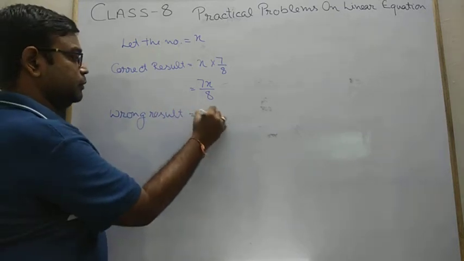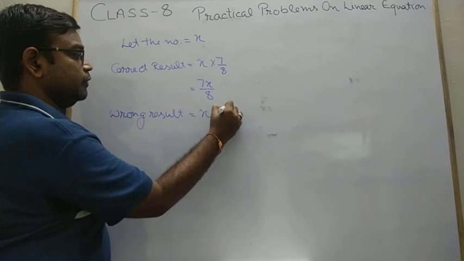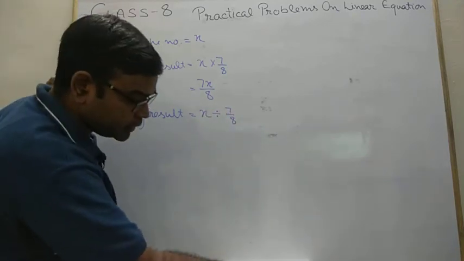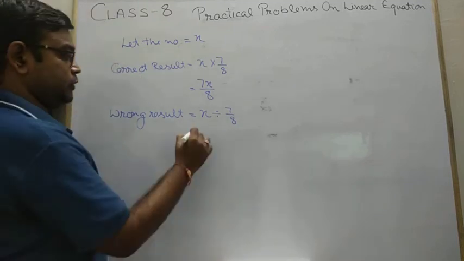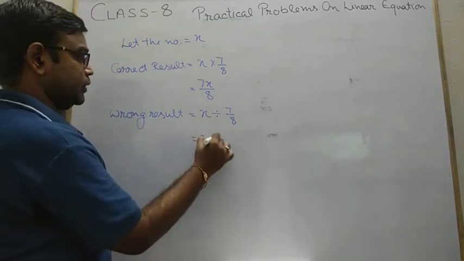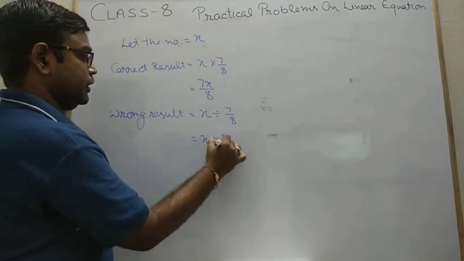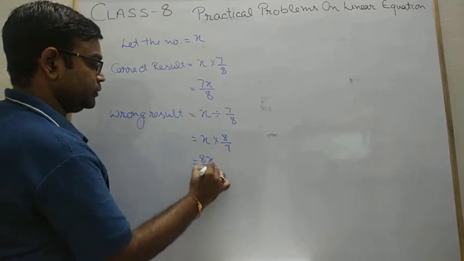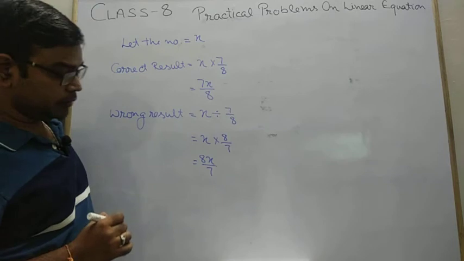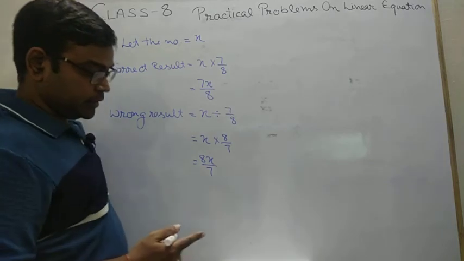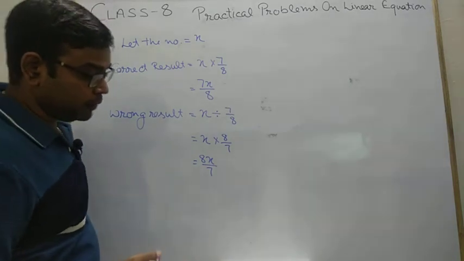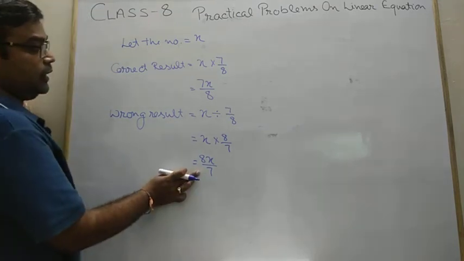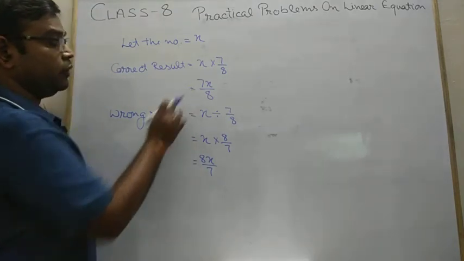Instead of multiplication, she divided the number by 7 upon 8. So what is the result? x into 8 upon 7, which is 8x upon 7. Clear? And then the next part says that she got a result 15 more than the correct result. This is 15 more than this one. What does it mean?